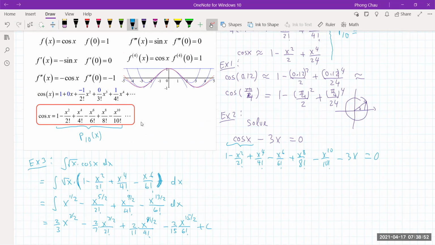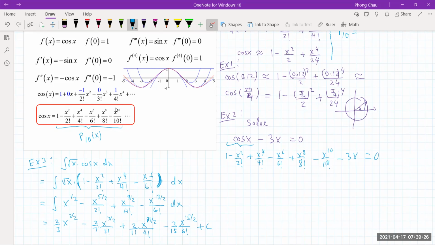Another thing we need to watch out for is when it comes to the series. Okay, it's a series like this. Then don't forget that the series does not always converge. Not all converge, right? Sometimes it converges and sometimes it diverges. That's why in the previous section we learned the interval of convergence.